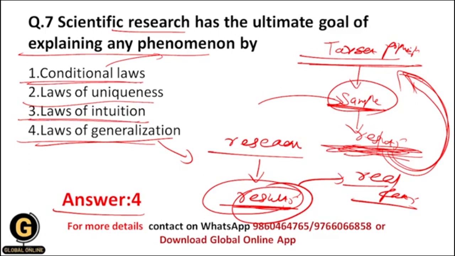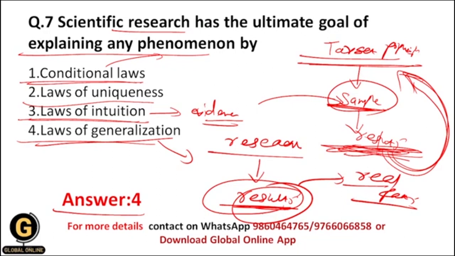Then laws of intuition means that basically we apply our intuitions to the result section of our research study. Here we don't rely on evidence, but on our thinking power, our intuitions. So these are the laws of intuition.